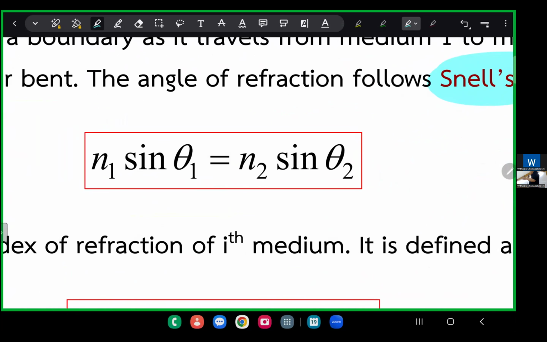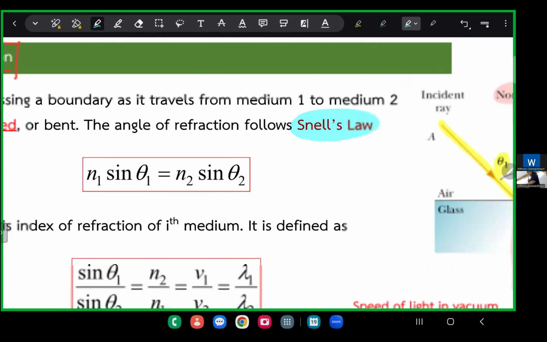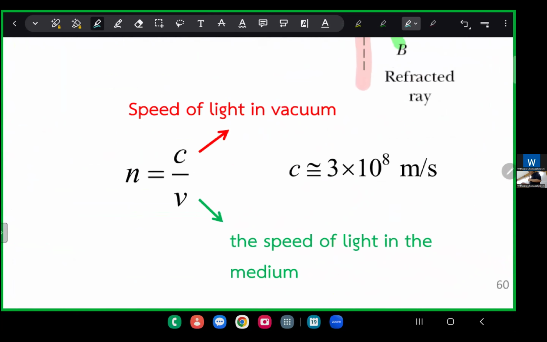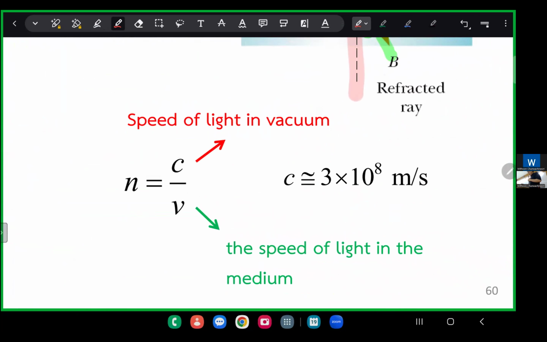Okay? What is N then, Ajahn? It turns out the definition of N is the following. We define N as the ratio between the speed of light in vacuum, which everyone knows is the largest possible speed in our universe. Every time I talk about this number, it's kind of weird, right? Nothing can move faster than the speed of light. So that is the largest number for anything that is moving.